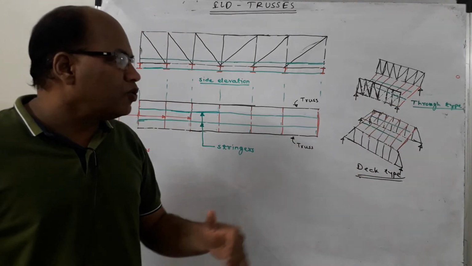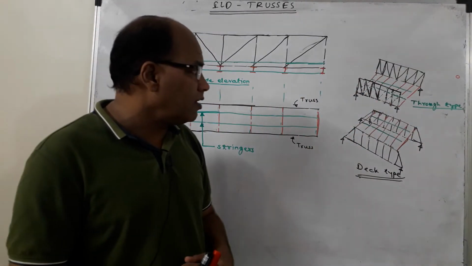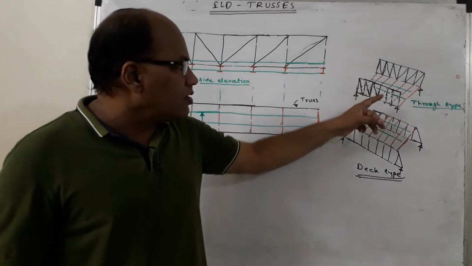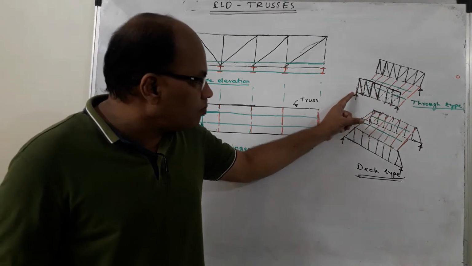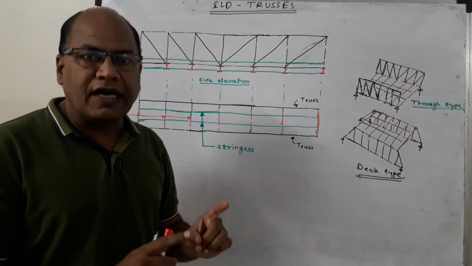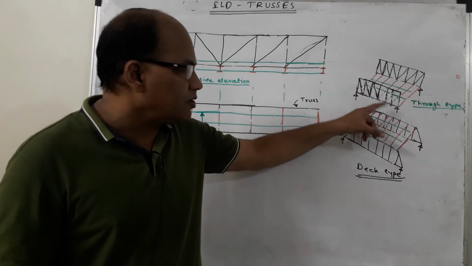Now in case of a through type of truss, in order to draw the ILD for the members, the unit load is supposed to move along the bottom chord line and take the positions which are called panel point positions.